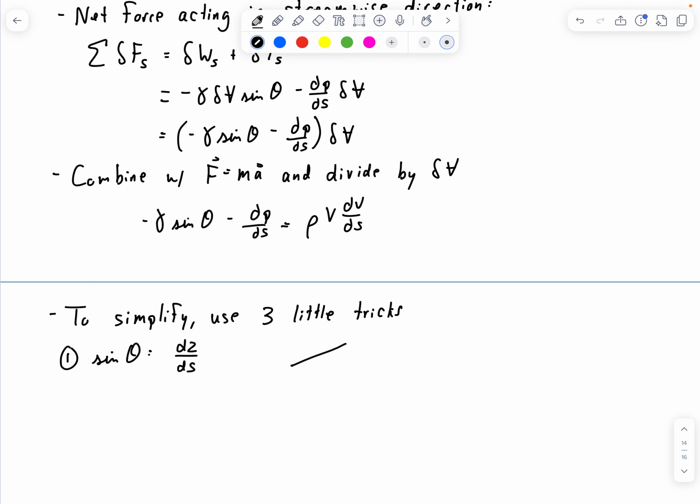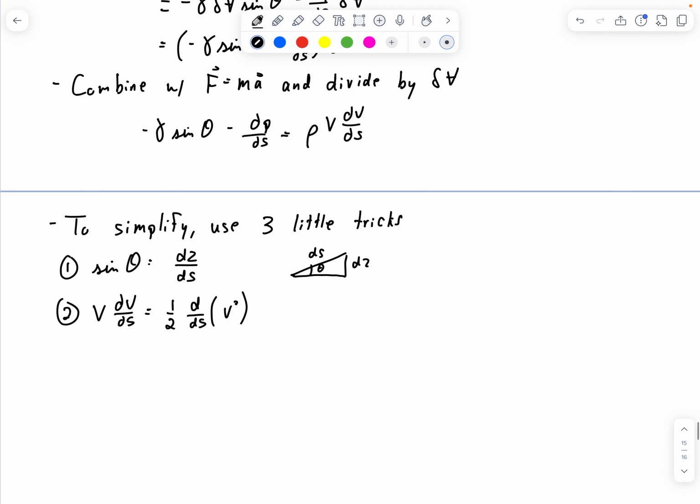So we have some dz, gain in elevation, ds, distance along the streamline, and the angle of ds is theta. Secondly, we're going to use the fact that v del v by del s is also equal to 1/2 times d by ds of v squared. So those are equivalent, so we're going to substitute that in.